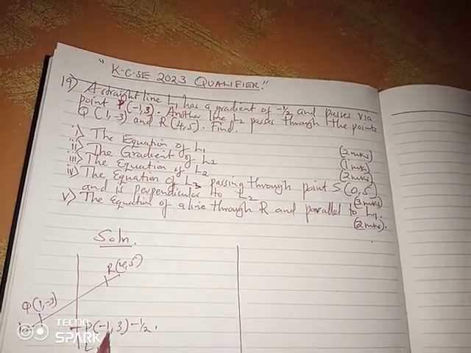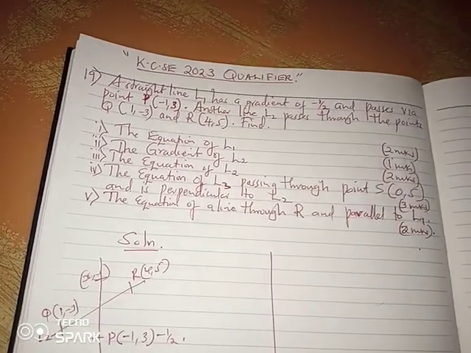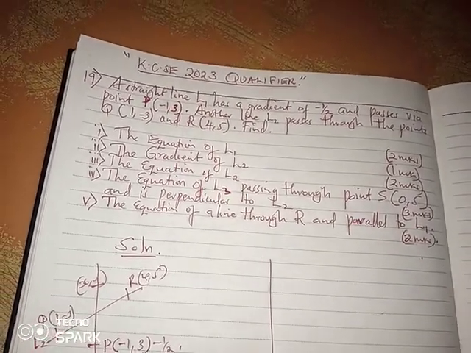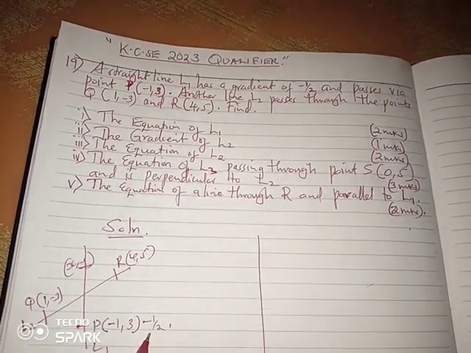We have to assume another point (x, y) along L1, and when we combine it with P plus the gradient given, we shall be able to get the equation.